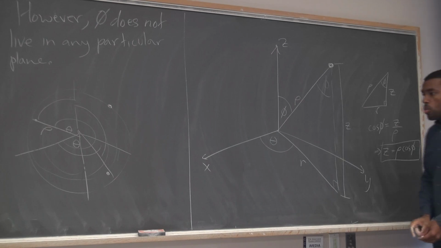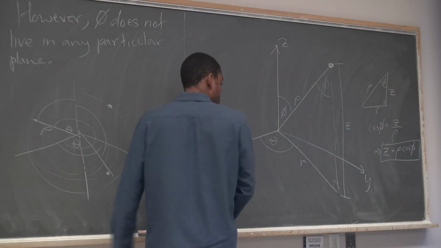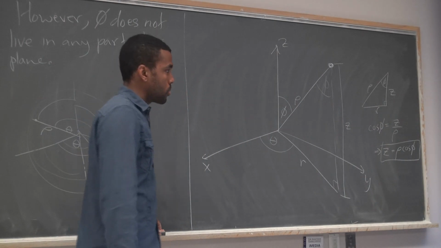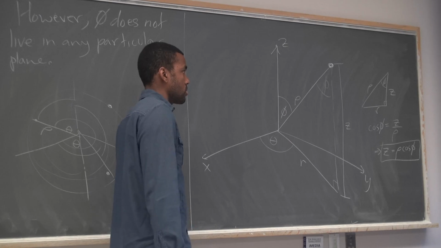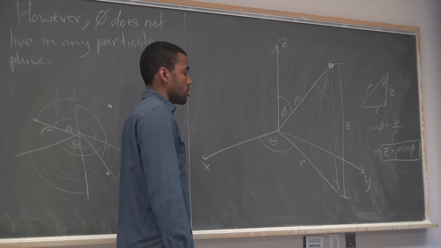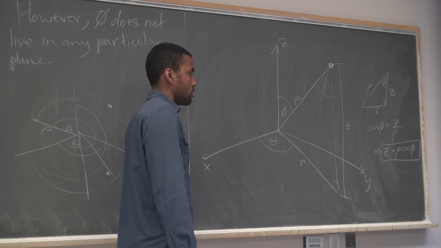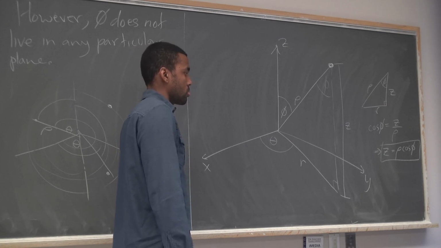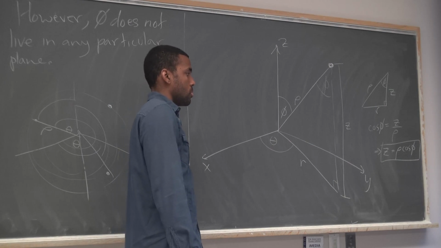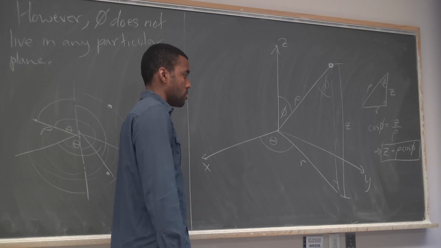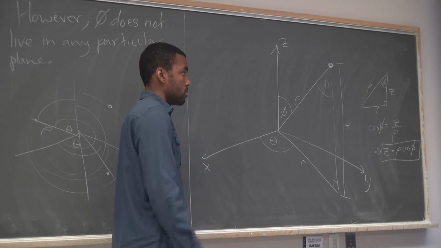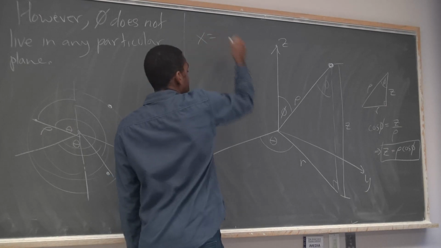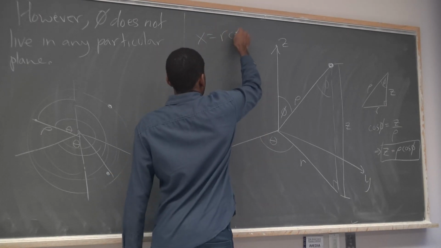What about my x and y coordinate? How would I figure out my x and y coordinate? I know that x, for example, in polar coordinates is r cosine theta.